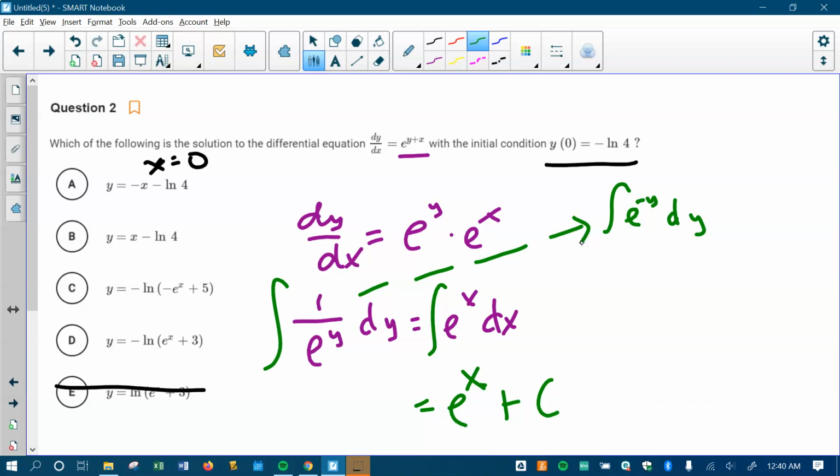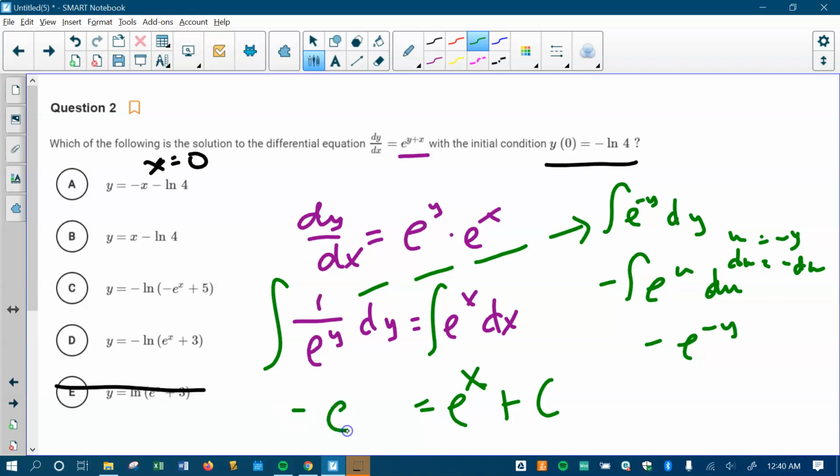And if you did a u substitution, u equals negative y, you would find out that you would need a negative here. Again, you may not need this step, but I'm just showing all the steps in case you were unsure. Which means that this integral is now negative e to the negative y. And we don't need a constant of integration because it's on the other side. So negative e to the negative y.